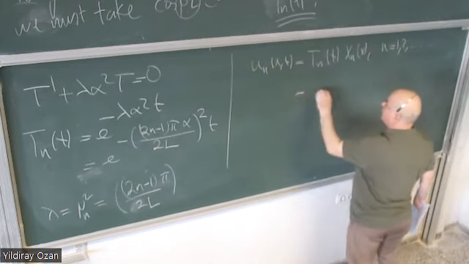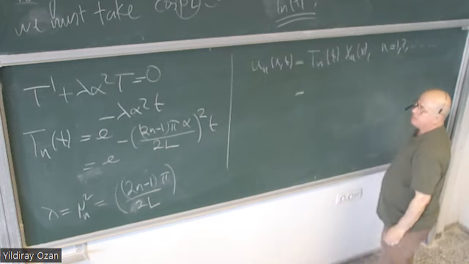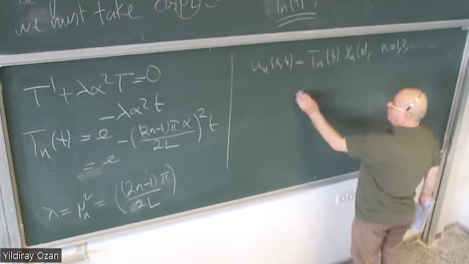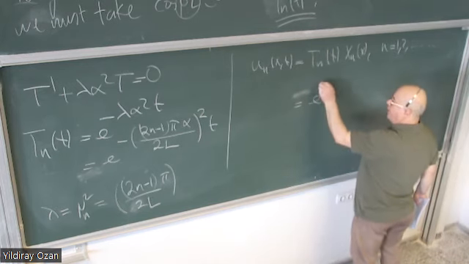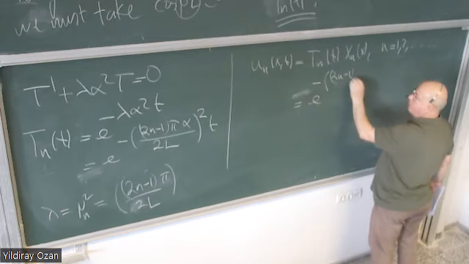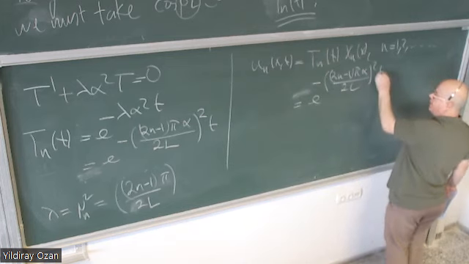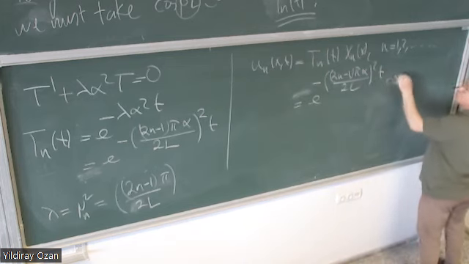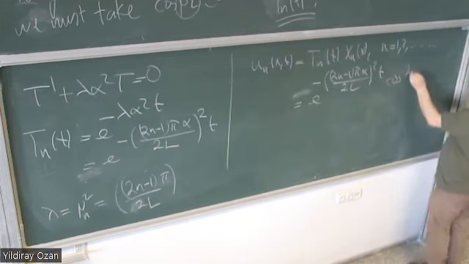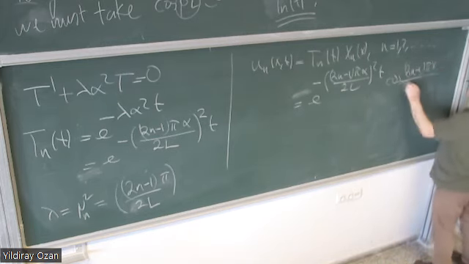So we get e to the power minus 2n minus 1 pi alpha over 2L, squared t, times cosine 2n minus 1 pi x over 2L.